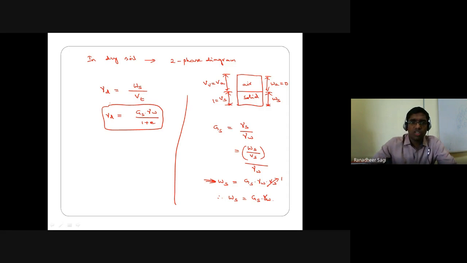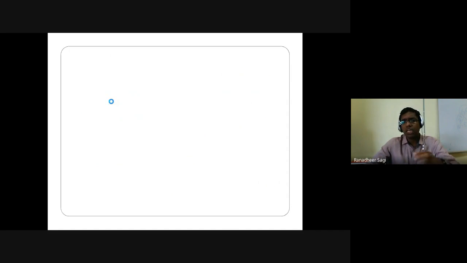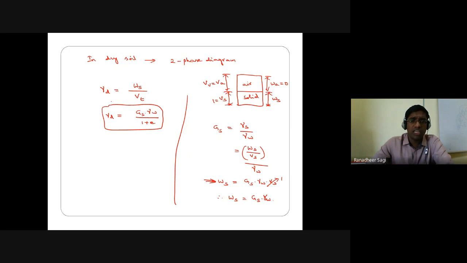Just for your idea, if you are interested in deriving the relation, what I understand is, in case the soil is a saturated soil, then my phase diagram gets modified into a two-phase diagram again, where the volume of voids is equal to the volume occupied by water. From those basic fundamentals, we write the expression for gamma sat, the saturated unit weight of the soil, as the total weight of the soil by the total volume of the soil.